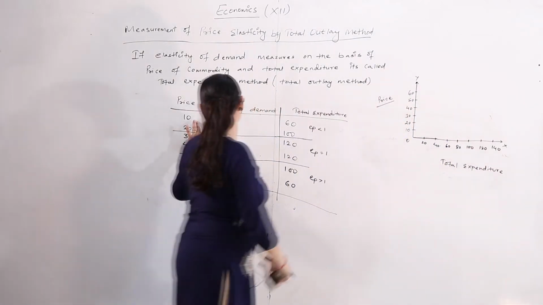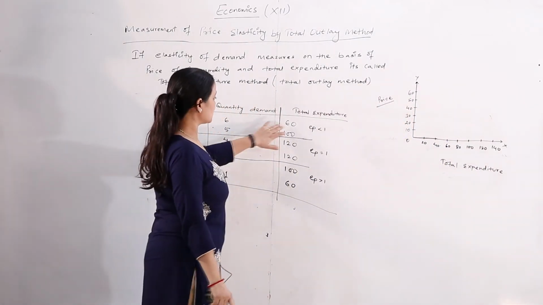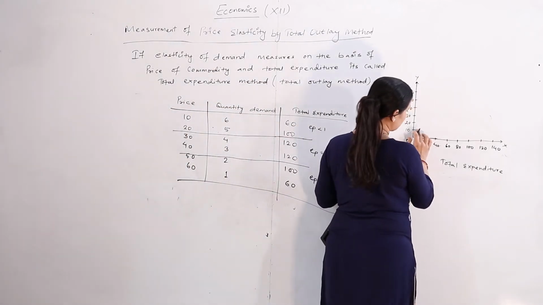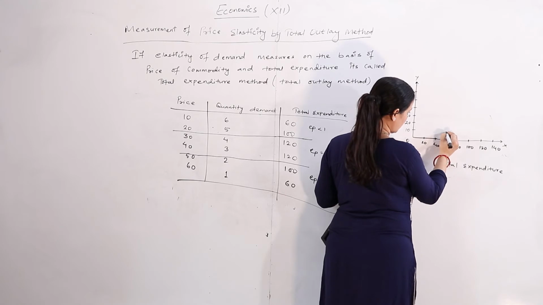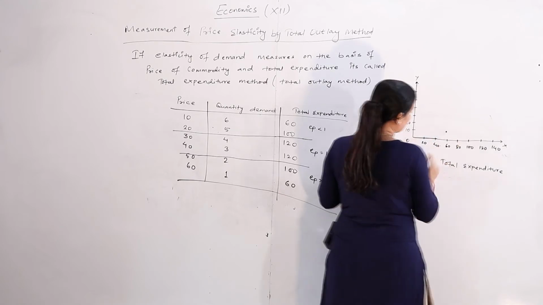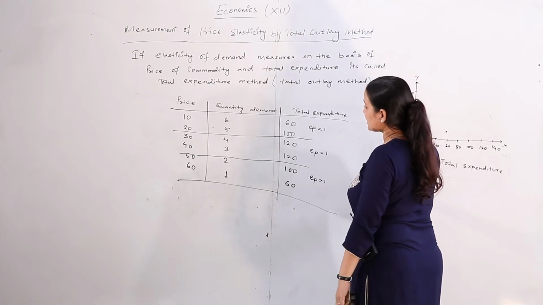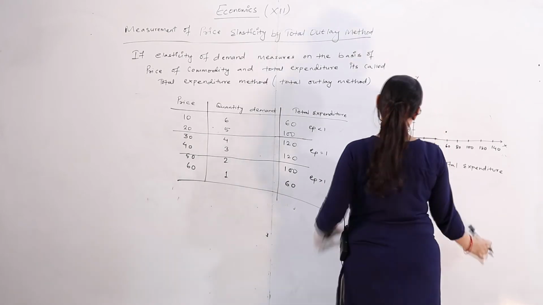The first combination shows when the price is 10, the total expenditure is 60. So we plot the combination of 10 and 60. Plot the dot there. The next plotting is when the price of the goods and services is 20, the total expenditure is 100.